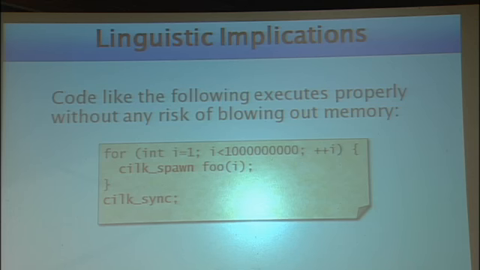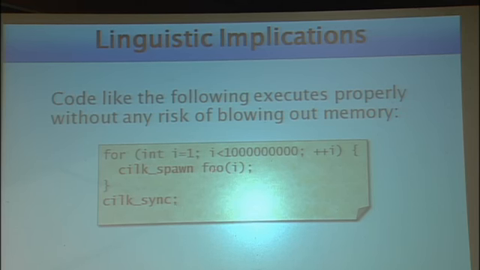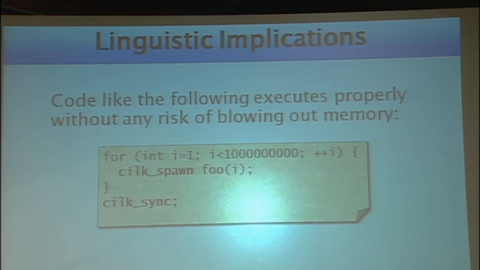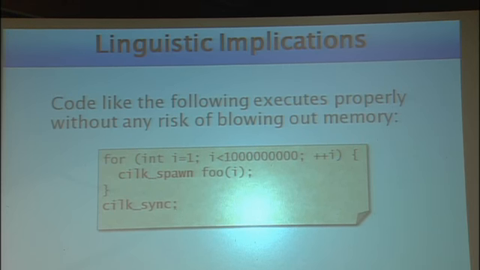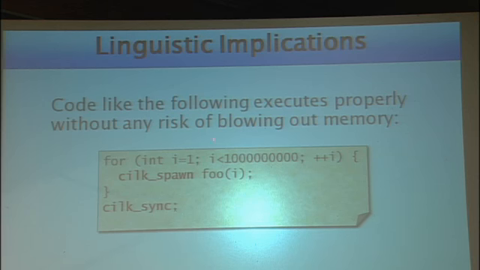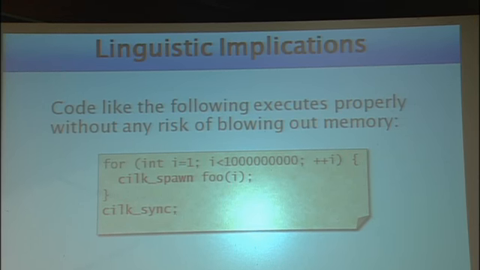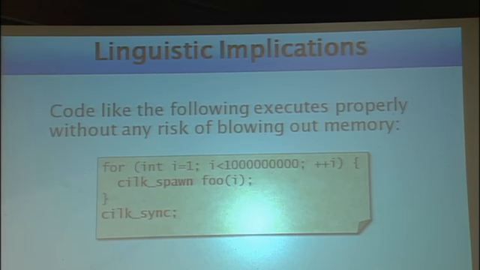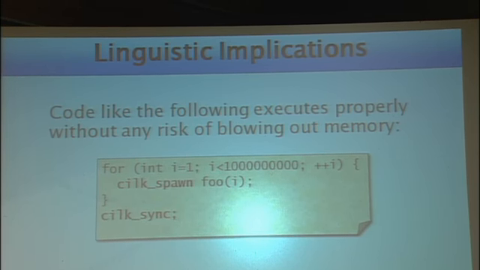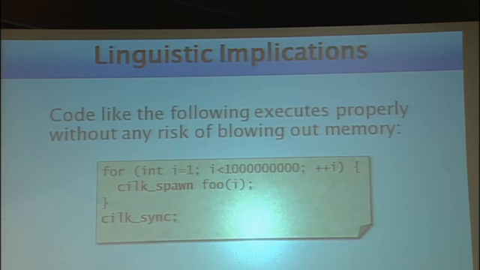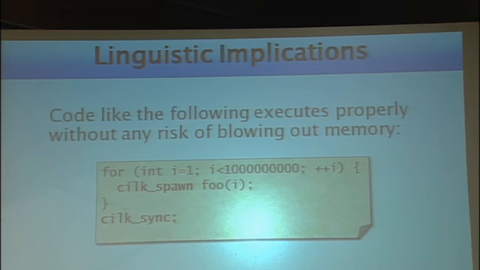The tricky thing for people to understand is that if you're executing on multiple processors, when you do Cilk spawn, the worker that you're running on is going to execute foo of 1. The next statement, which would basically be incrementing the counter and so forth, is executed by whatever processor comes in and steals that continuation. So if you had 2 processors, the first processor isn't the one that executes everything in this function.